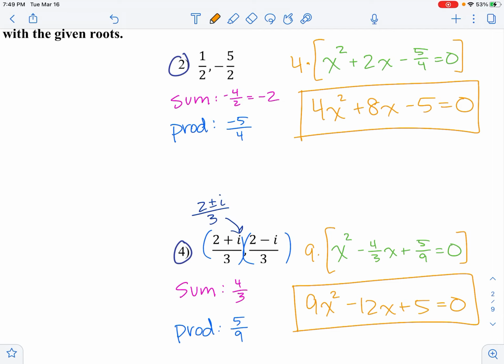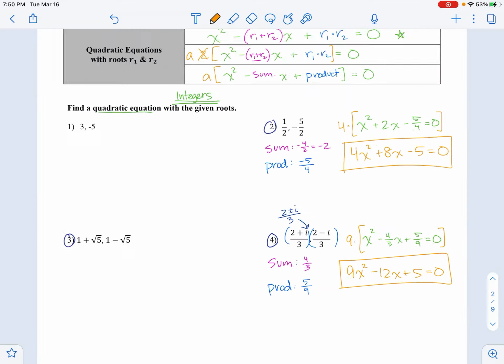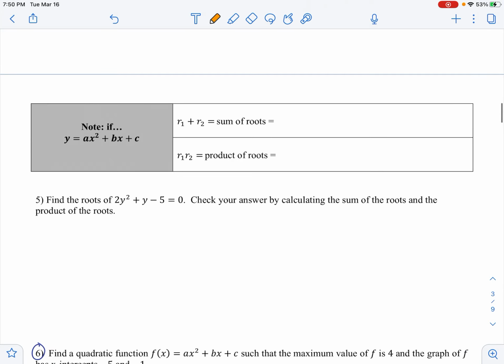All right, next, we're going to take a deeper look at this so that we can do a problem that's a little bit more complex. Notice that we have this equation as our standard form equation. What is not taken into account here is that we don't start with our ax squared.